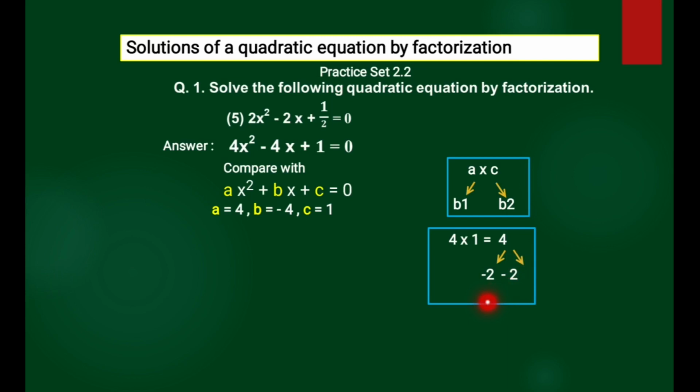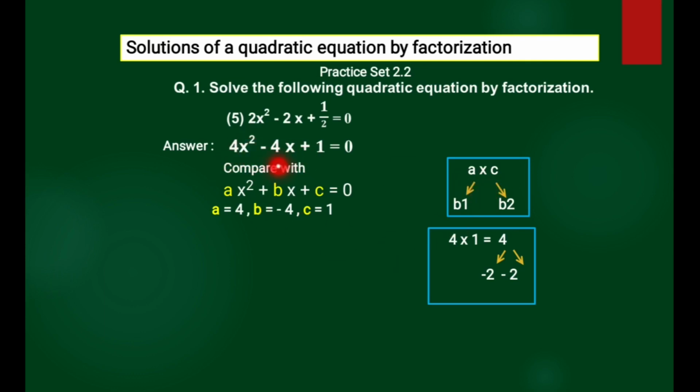So here we consider the factor of 4 as minus 2 because its sum must equal the value of b, that is minus 4. So split up this minus 4x as minus 2x, minus 2x. It is the square of 2x minus 1.